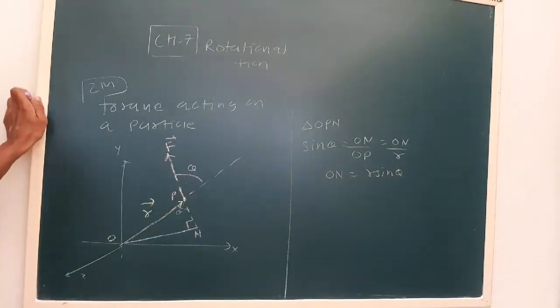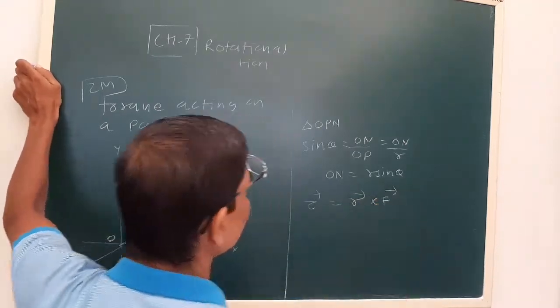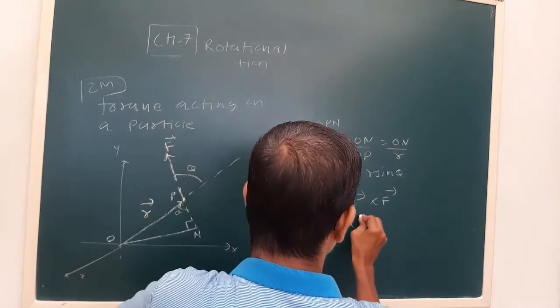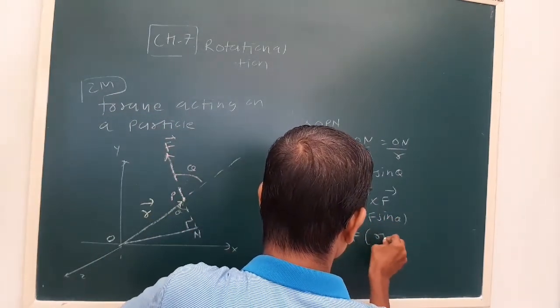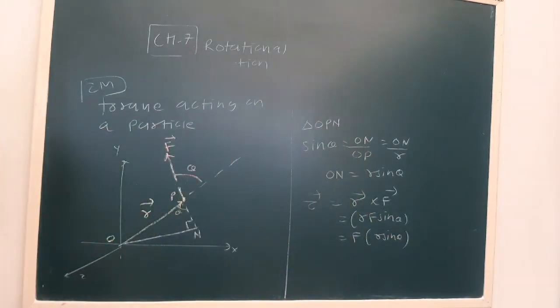Now torque we have written as R cross F. Now see, the vector product A cross B is AB sin theta, so it will be R F sin theta. Now we can write F into R sin theta. Now what is R sin theta?